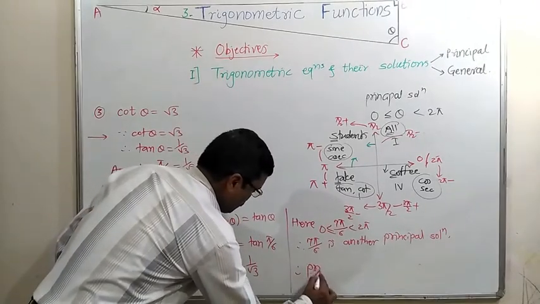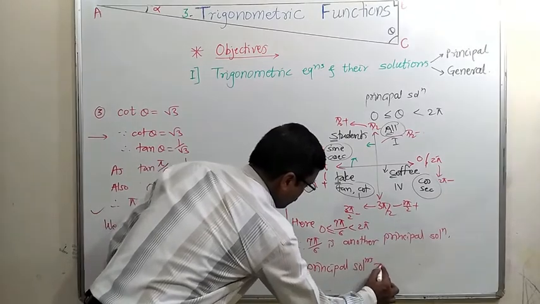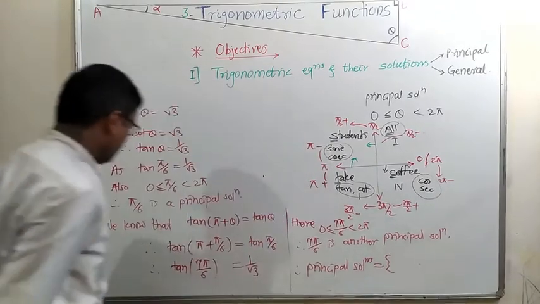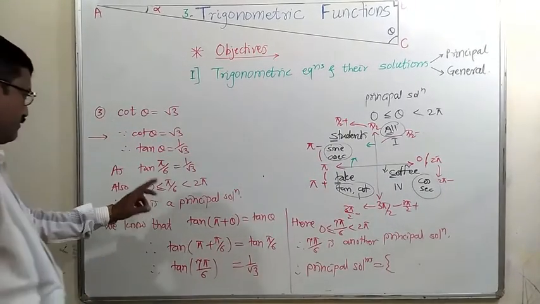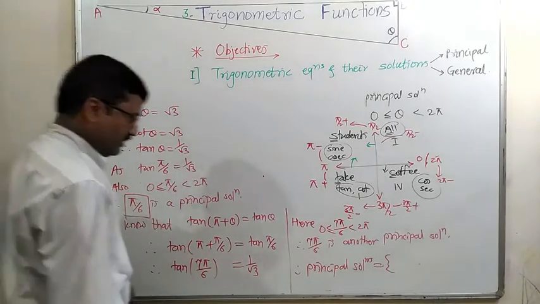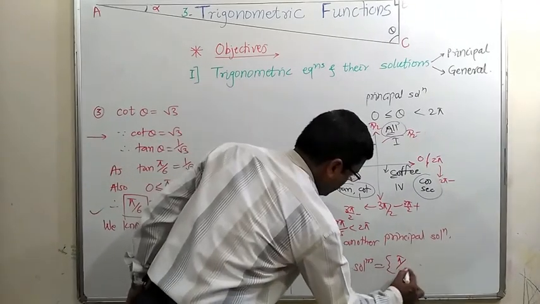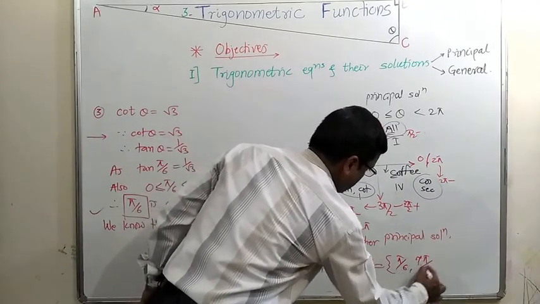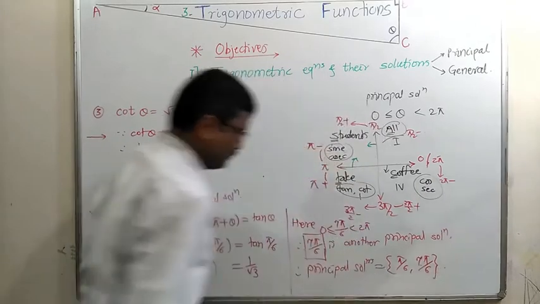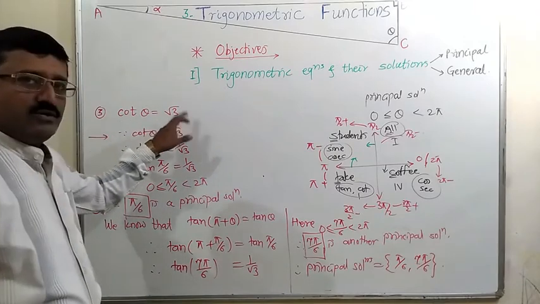Therefore the principal solutions are pi by 6 and 7 pi by 6. These are the two principal values of this trigonometric equation cot theta equal to root 3.